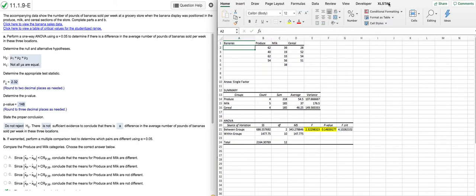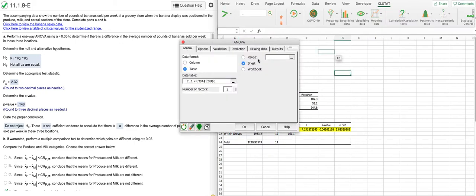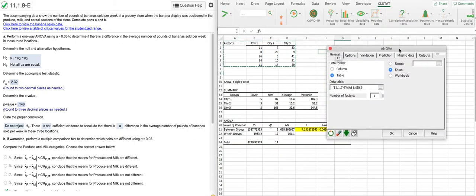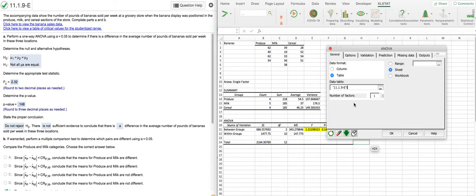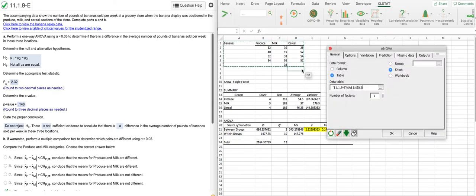Go up to our XLSTAT application, Modeling Data, and ANOVA. This is kicking me back to the airport problem, so go back here to the bananas problem and select that whole area. Number of factors is 1, so one-way ANOVA. Output is going to be to a separate sheet.